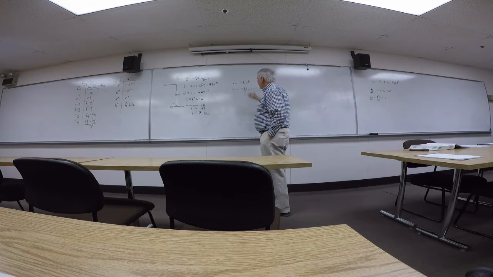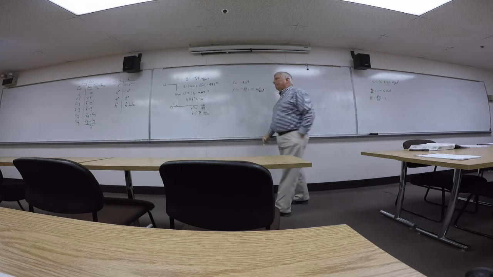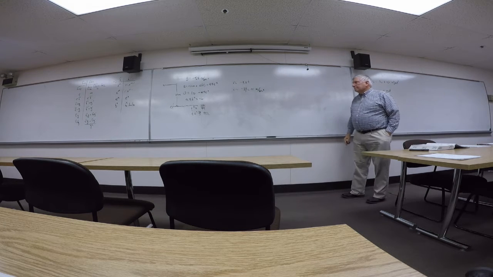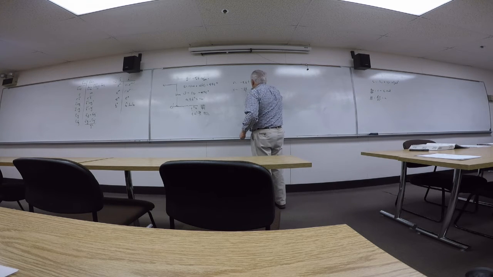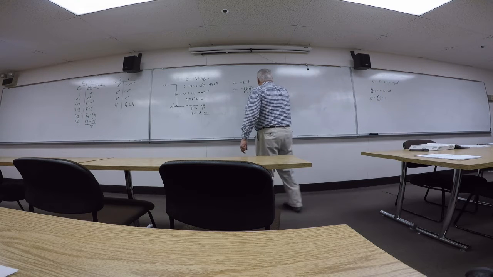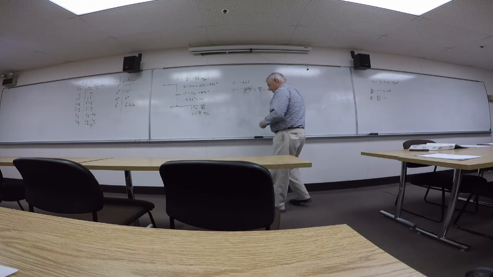I'm sorry, 9.8, so 1.4 meters per second squared. No, I was right the first time. Sorry. Negative 9.8 times 10/7 is 98 over 7, which is 14 meters per second. Okay.